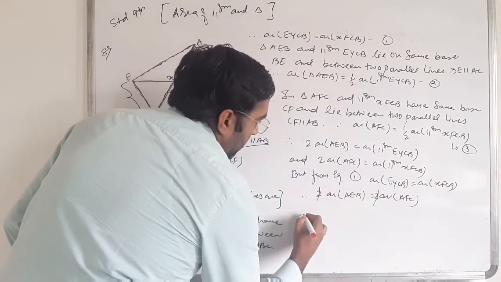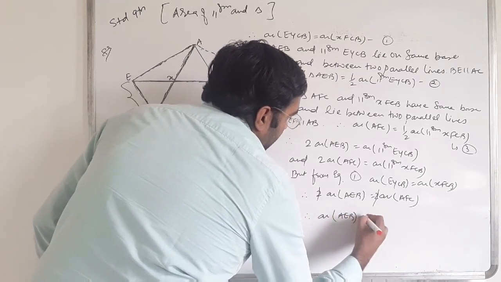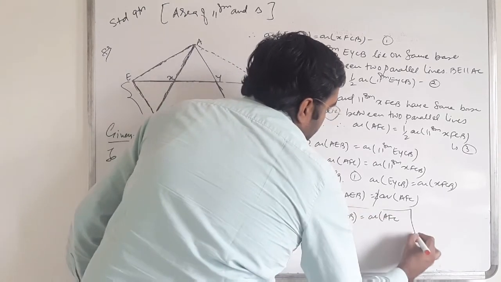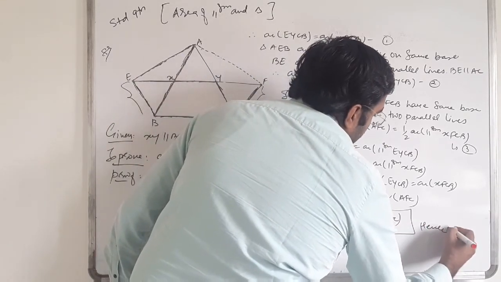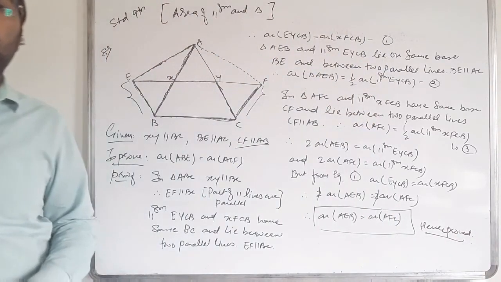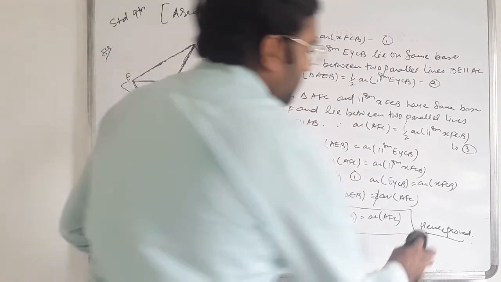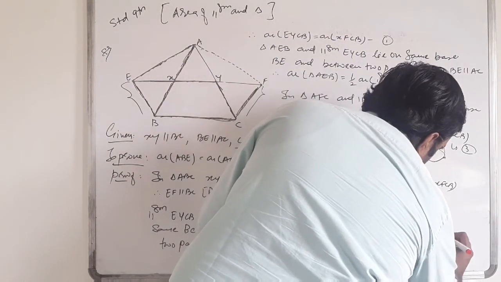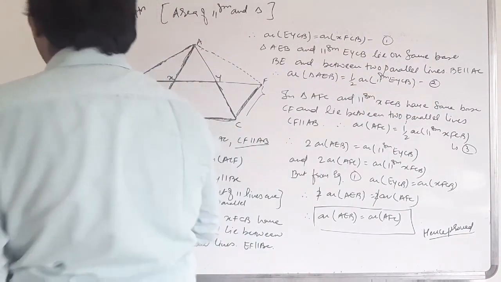Now 2 is cancelled out from both sides, so area of AEB is equal to the area of AFC. Okay, hence proved. Clear that?